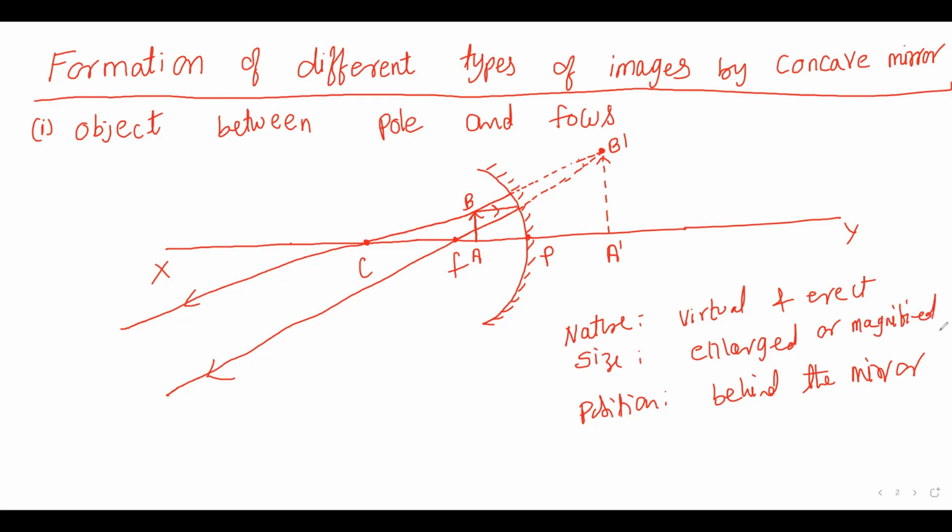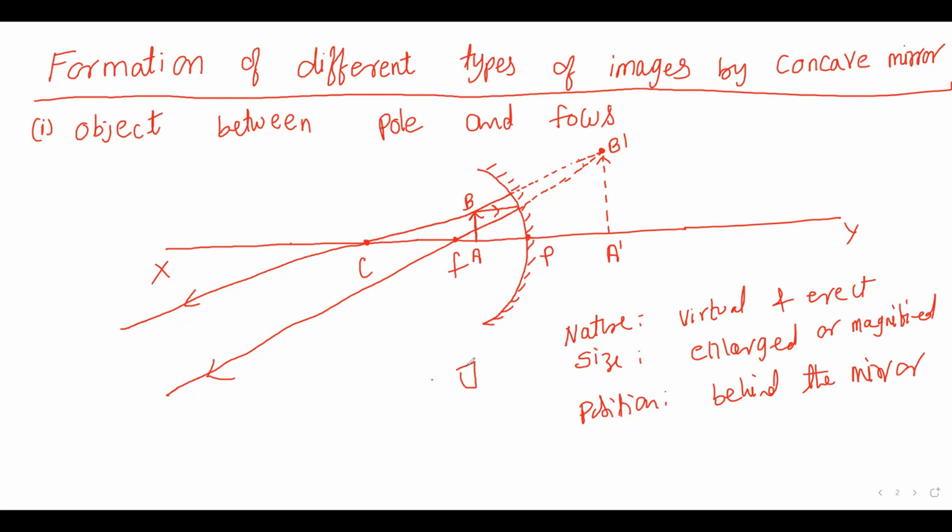इस पोजीशन में डेंटिस्ट कॉनकेव मिरर को यूज करता है। Dentist will use this position, he will keep the object very near to the mirror, that is when tooth is kept very near to the mirror he will get enlarged erect image.